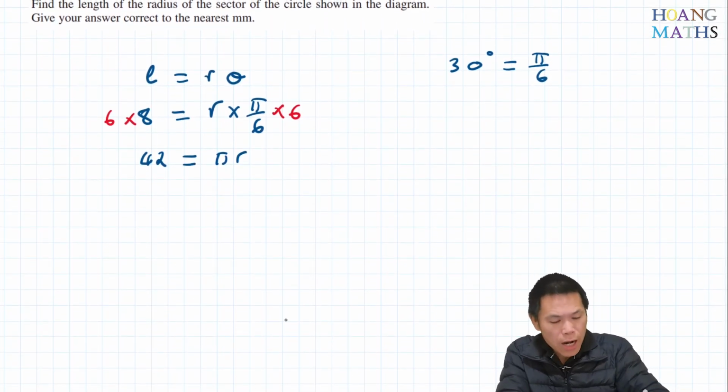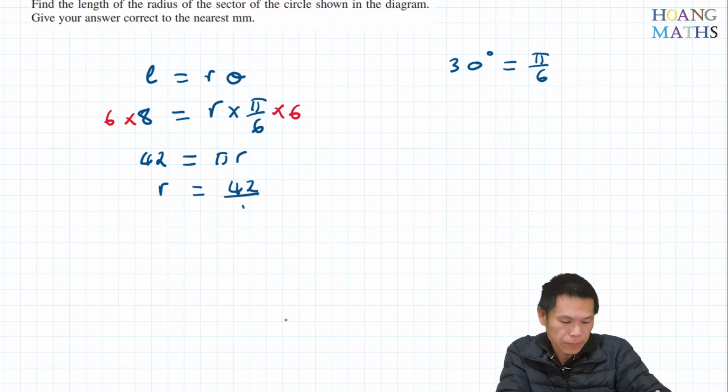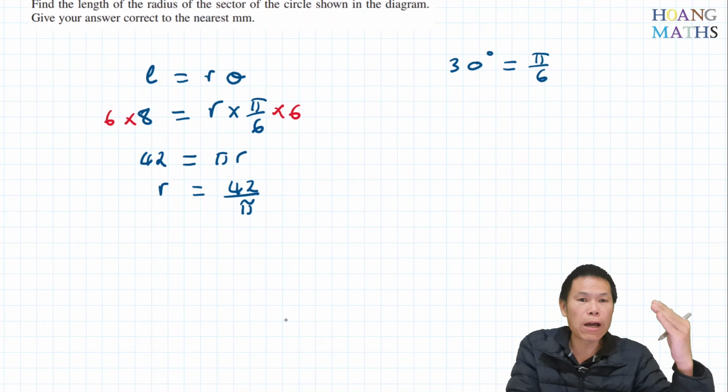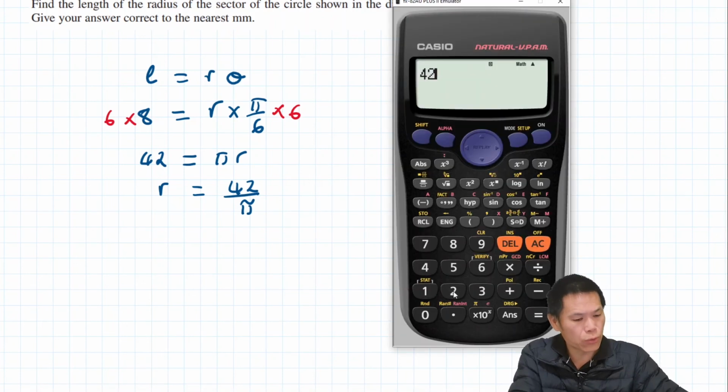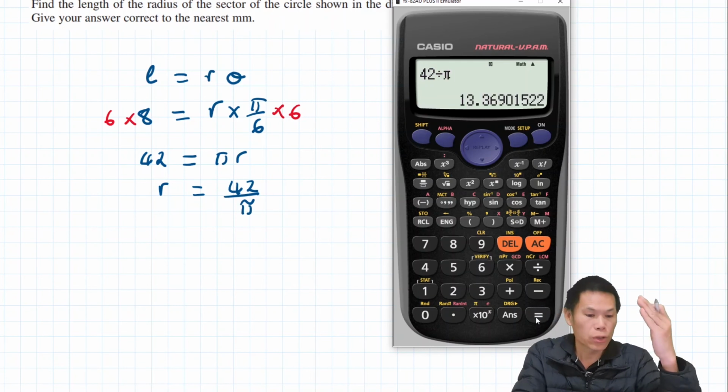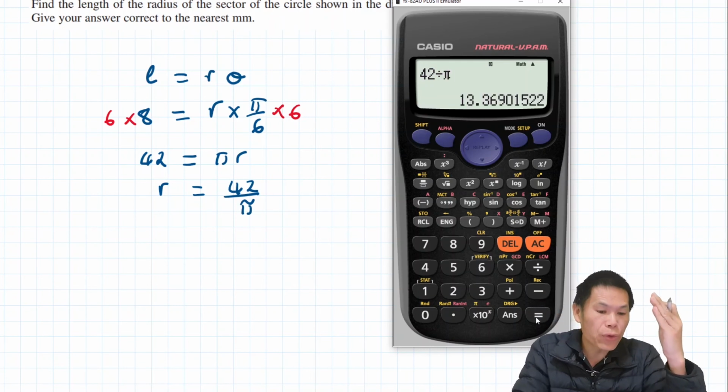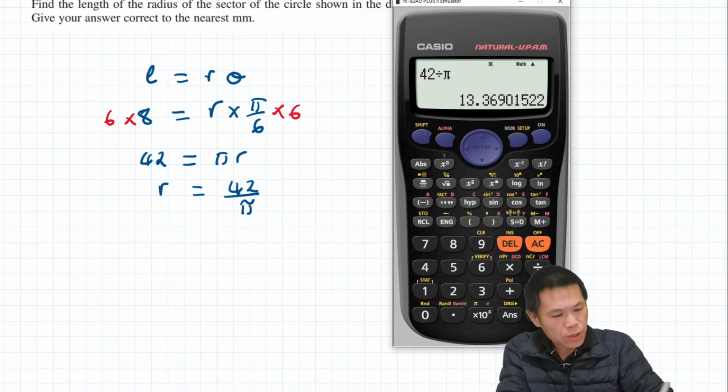So now R is equal to 42 over pi. So now just put that in a calculator. I just go 42 divided by shift pi. There you go. 13.1369. So I just write this down first, then I round up later.